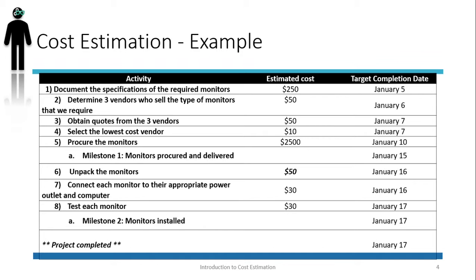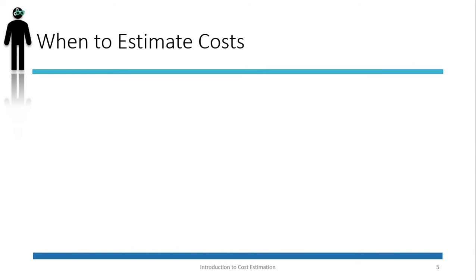So for instance, for milestone 1, to be able to arrive at $2,860, we need to add $250 to $50 to $50 to $10 and finally to $2,500, which are the costs of activities 1 to 5. Following the same logic, the cost of milestone 2 will be determined as $110 and the total project cost will be determined as $2,970.